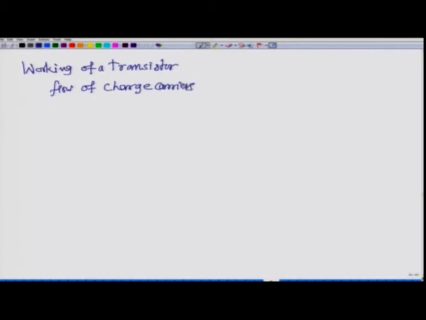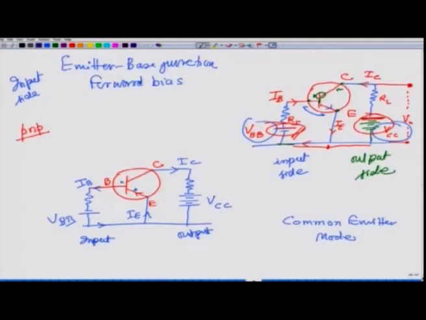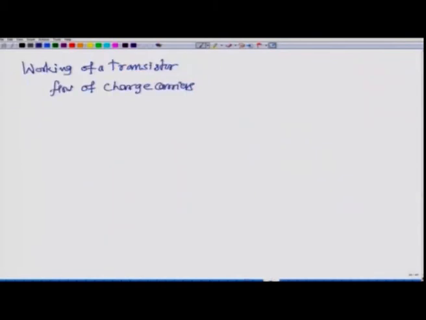So, let us start with the common emitter configuration, common emitter mode basic circuit, and let me draw it in slightly different fashion. This same circuit, I am going to draw an NPN transistor and in common emitter mode, but then I will be doing it in slightly different manner.